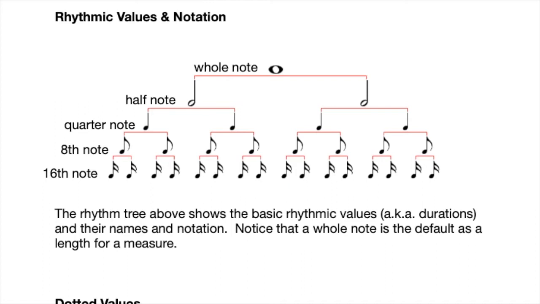So right here we see a dotted half note. That means that the length of this is a half note plus a quarter note. Here we see a dotted quarter note. That is a quarter note plus an eighth note in length. Here, a dotted eighth note is an eighth note plus a 16th note in length.